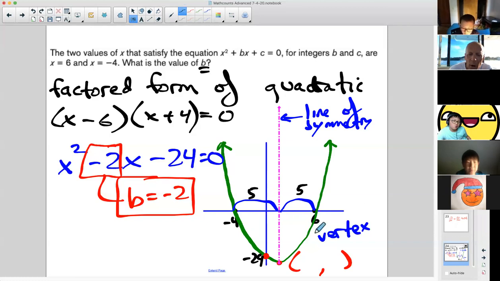Yes, and therefore, if the x value is 1, substitute a 1 for x, and boom, 5 times -5 is what, guys? Negative 25. And that is your vertex. (1, -25) is your vertex.